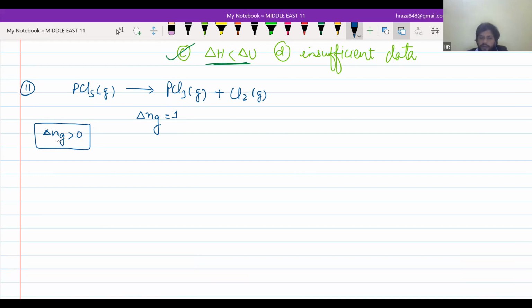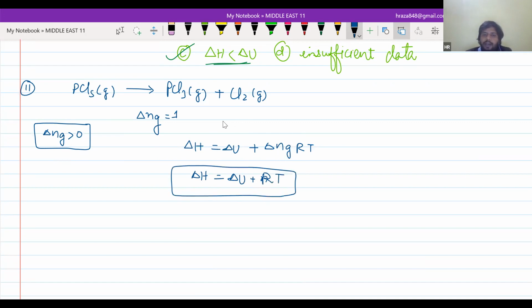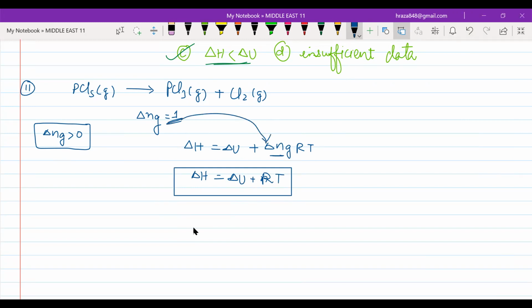Now we have the formula delta H is equal to delta U plus delta Ng RT. Here delta H is equal to delta U plus RT, right? If I put the value of delta Ng as 1, then it will be RT. Ifra, tell me: delta H less than delta U, greater than, or equal to?